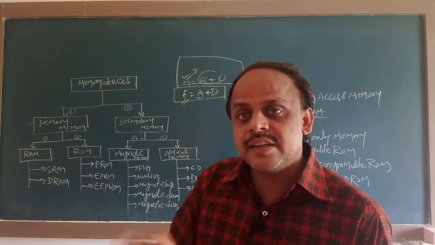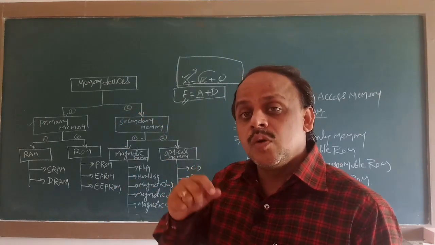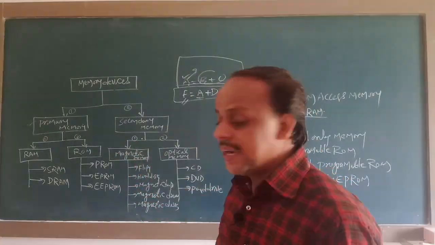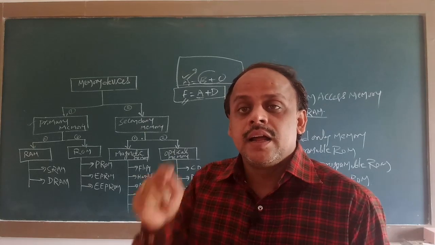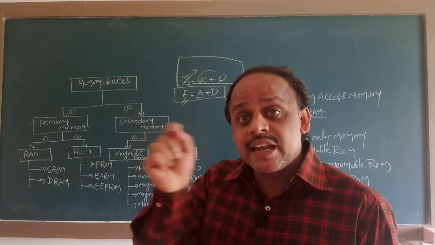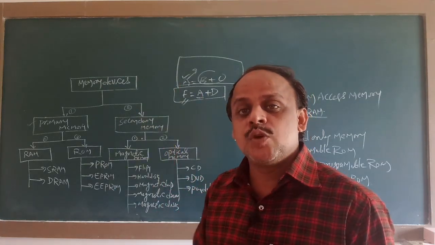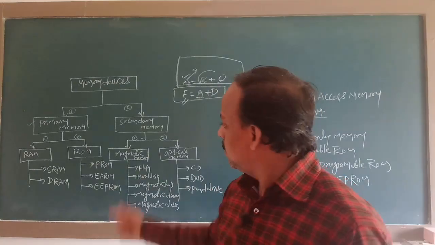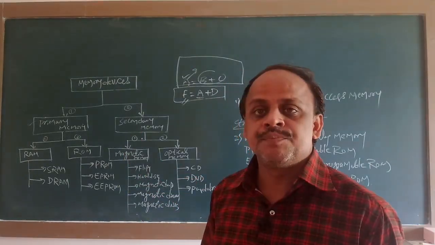That's why it is called temporary memory. And what is stored in primary memory? Intermediate results as well as final results of a program are stored. This is the information about primary memory.